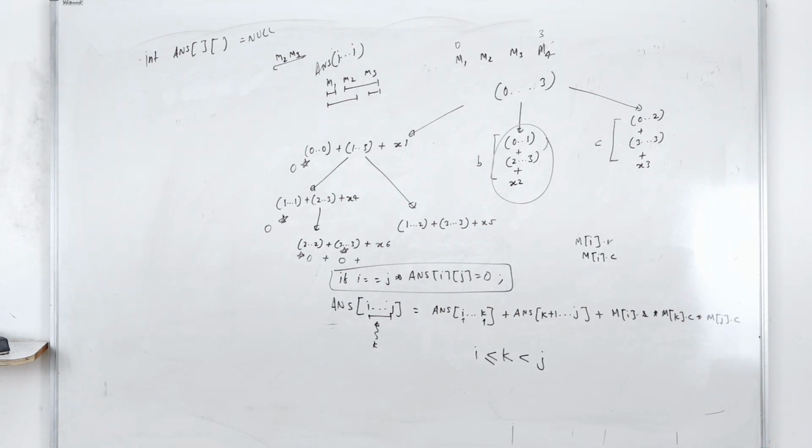It should be n cross n, right? Because your first dimension should be the matrix number and the second dimension should also be the matrix number, and the matrix number can vary from 0 to n minus 1.